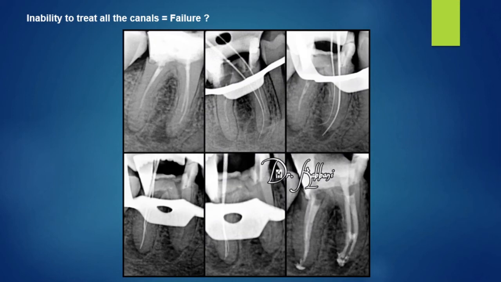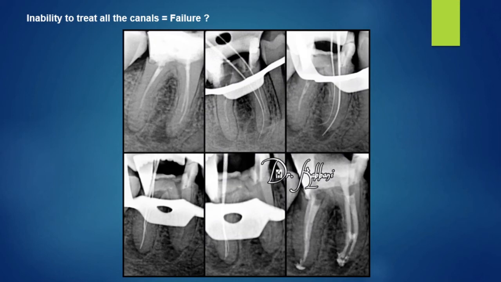We can see how we have a complex anatomy. We can see how the two mesial canals are two separate distinct canals coronally, and then at the middle third, they join each other, and then they separate again apically and exit into different portals of exit.